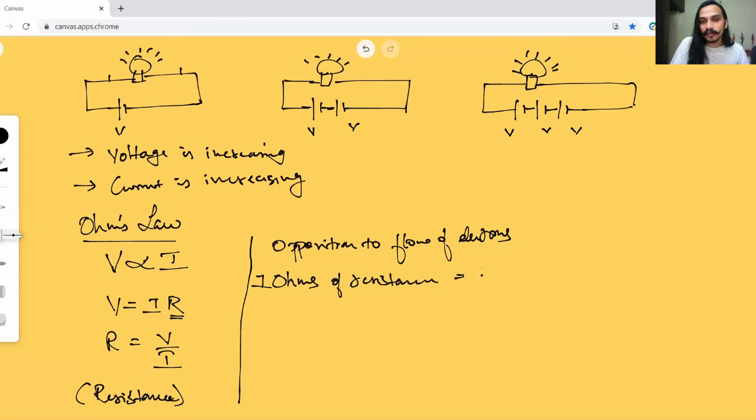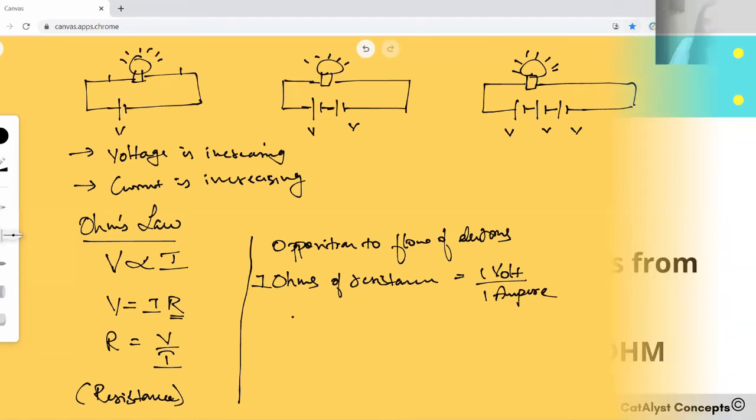is found when 1 volt of potential difference is allowing 1 ampere of current to flow through it. Okay, when 1 ampere of current is flowing through 1 volt of potential difference, we'll say that it has 1 ohm of resistance being provided to it.